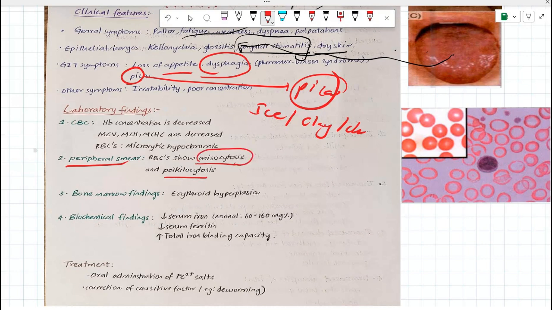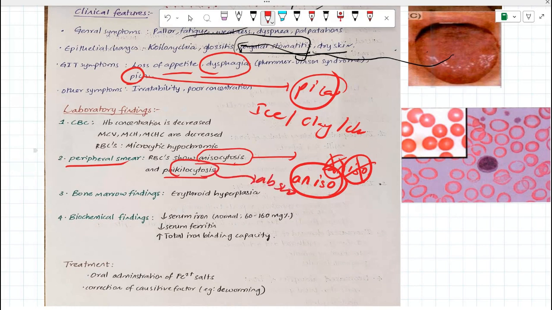What is anisocytosis? Aniso means abnormal size, and poikilocytosis means abnormal shape. In this peripheral smear, you can see it.